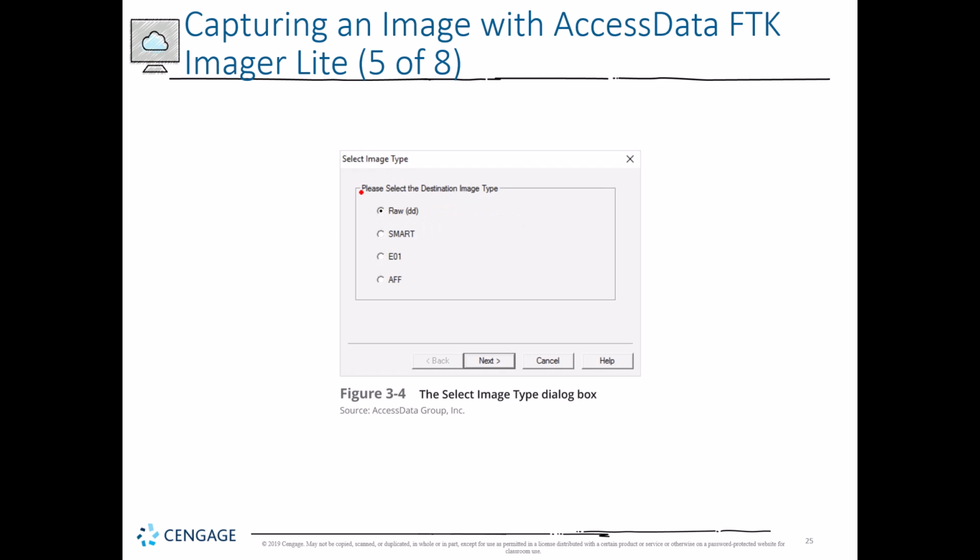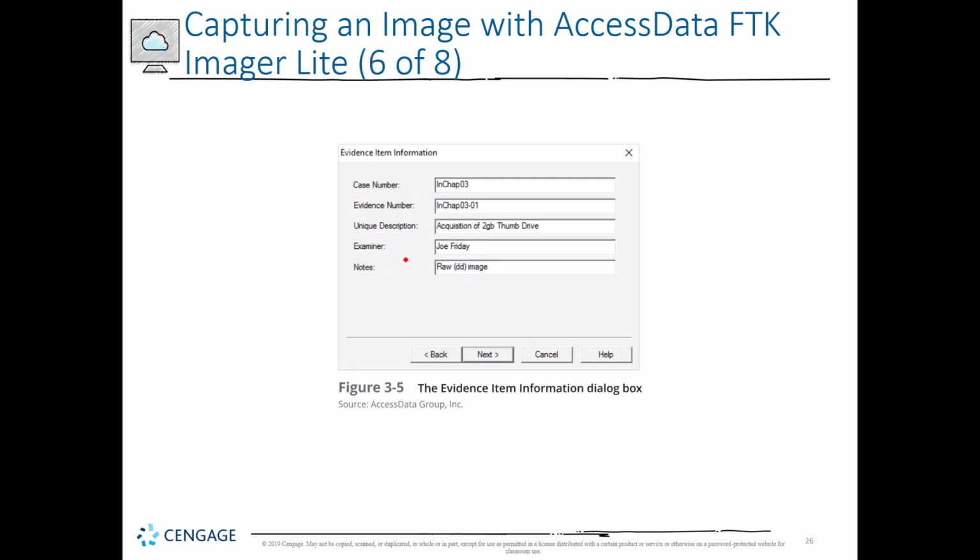If we are capturing source to image, then we would select the image type. Again, RAW or DD, that's going to be the big one. AFF is also there. We have an EnCase proprietary one. We don't want to use that. DD or AFF are probably going to be the most common ones. DD probably the first option.